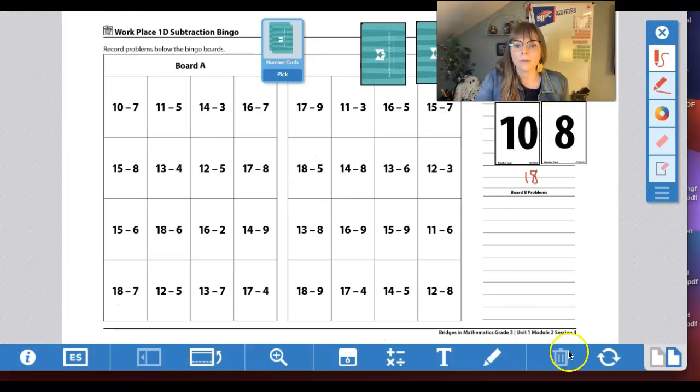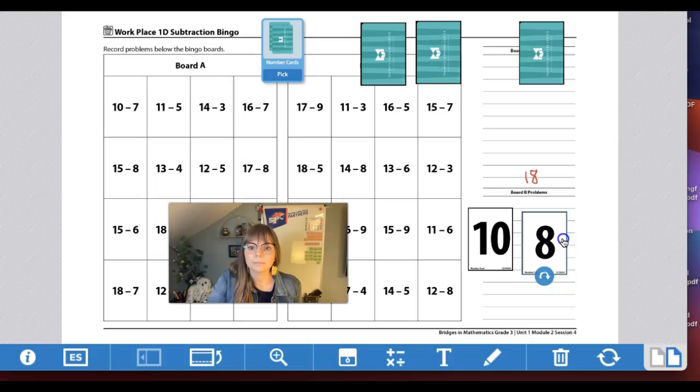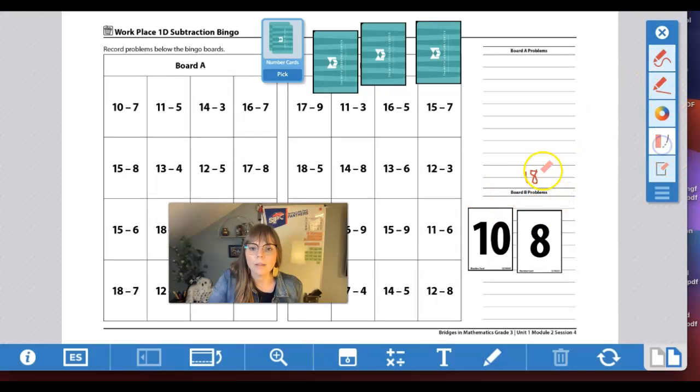All right, so I suppose I should be writing my numbers down here. Okay, so I'm just going to move my cards because I need to record all of my information and moves up here. So I got 10 plus 8 equals 18.